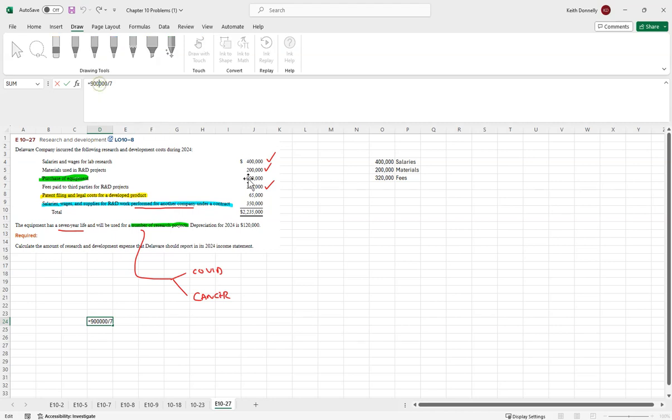What they tell us is there's depreciation of 120,000.